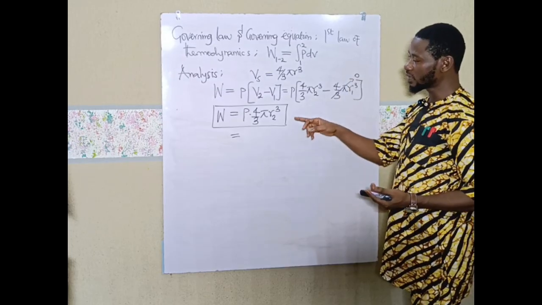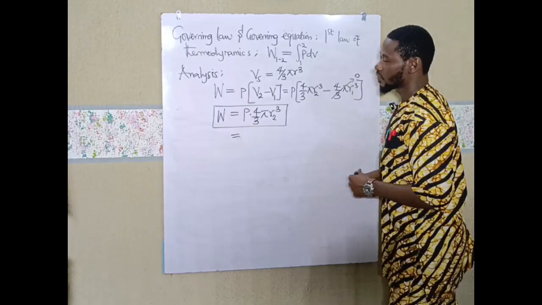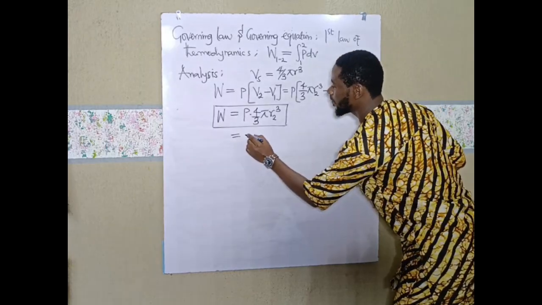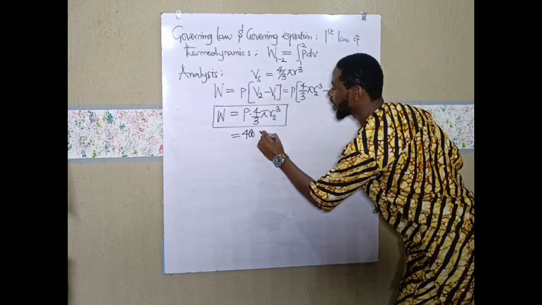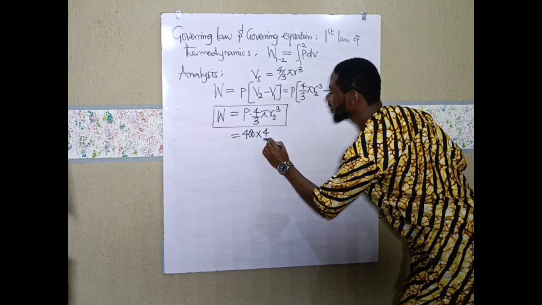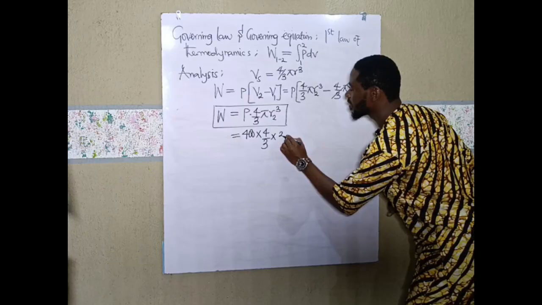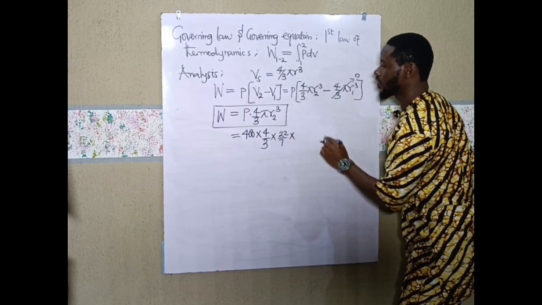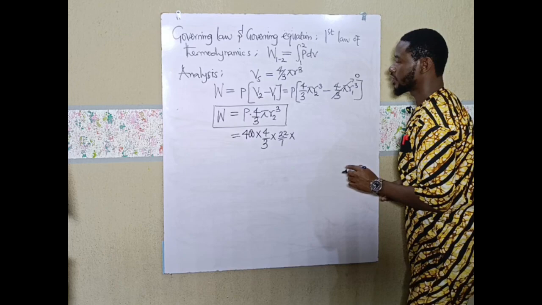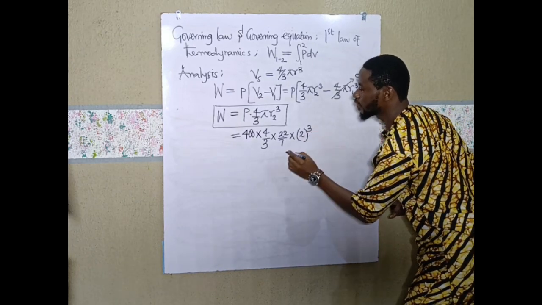Now, inserting the given data into this equation, the pressure is given as 400 kilopascal. So 400 multiplied by 4 over 3 multiplied by pi is 22 over 7, then multiplied by radius, the outer radius, which is given as 2 raised to the power of 3.